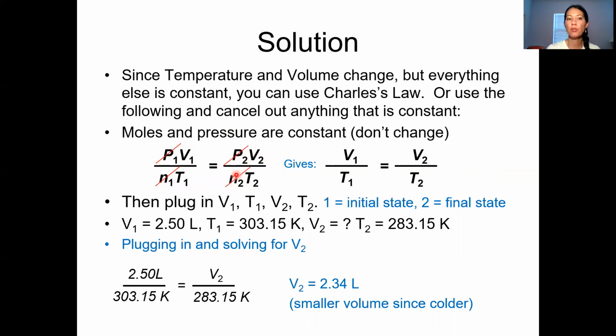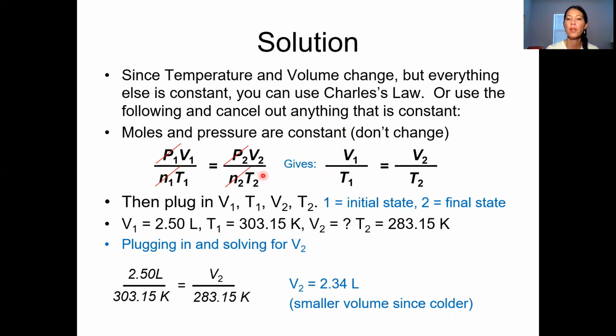Moles are the same, so those cancel out. So what you end up with, if you cancel out P and N, is V1 over T1 equals V2 over T2. This is from Charles's law. So even if you forgot Charles's law, or you couldn't remember, oh, is it V times T instead of V over T? You can always just come back to this and arrive at what you need by canceling out what's constant.